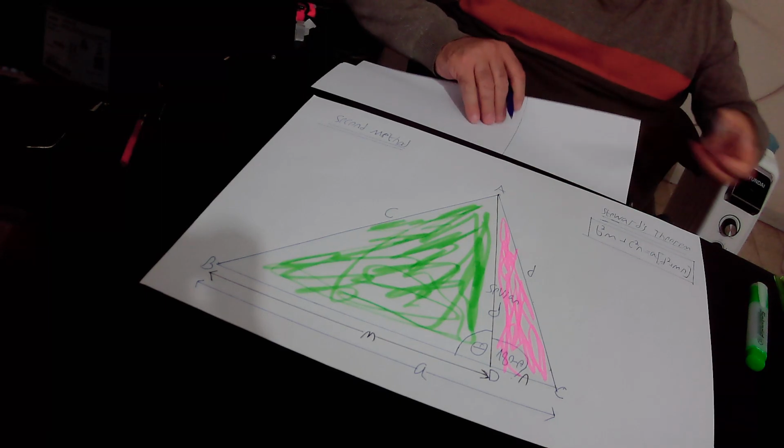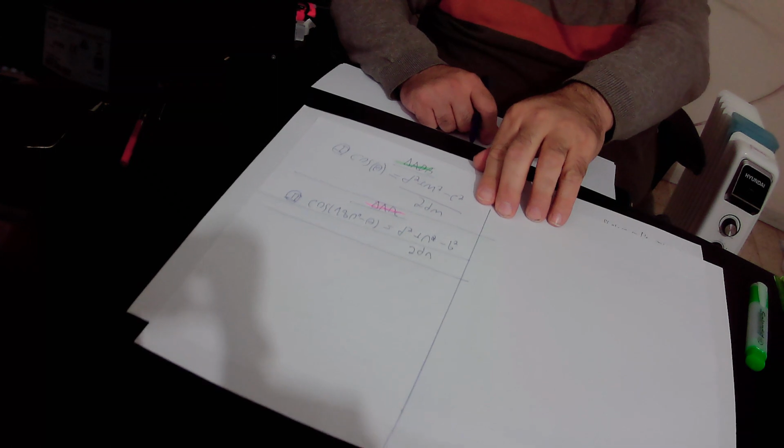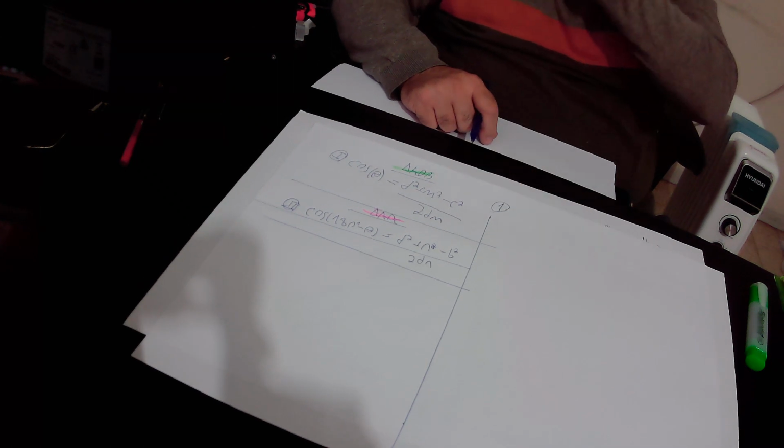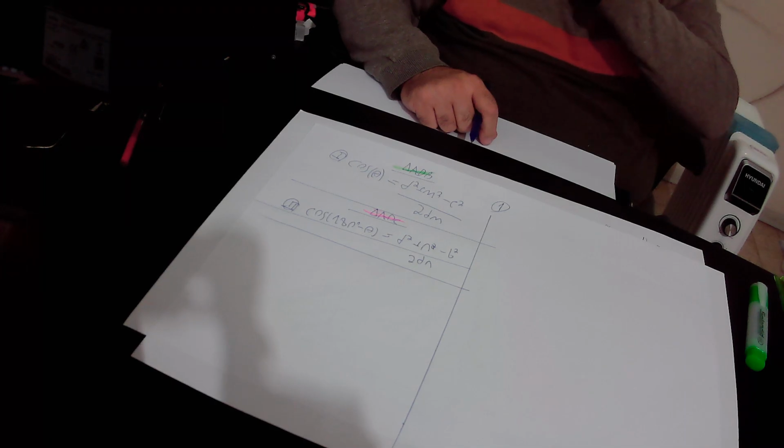Here equation number 2 is the implementation of the law of cosines in the pink triangle ADC.